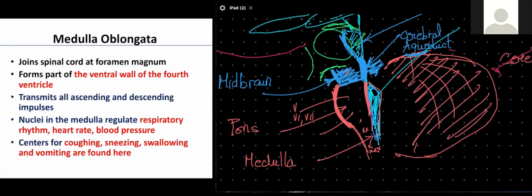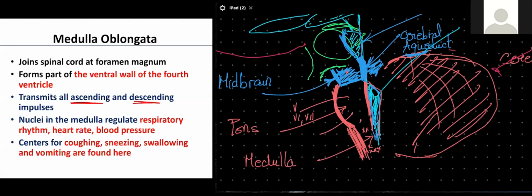The medulla oblongata is also going to be sharing in the formation of the ventral wall here, the anterior wall of the fourth ventricle. It's going to be transmitting the ascending and descending impulses back and forth from the brain to the spinal cord and vice versa.